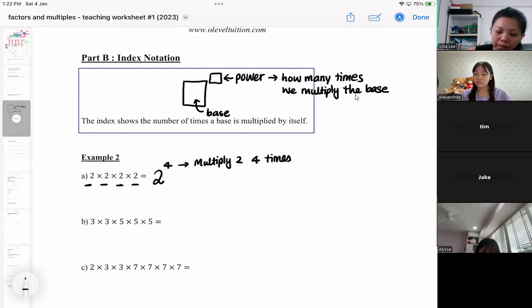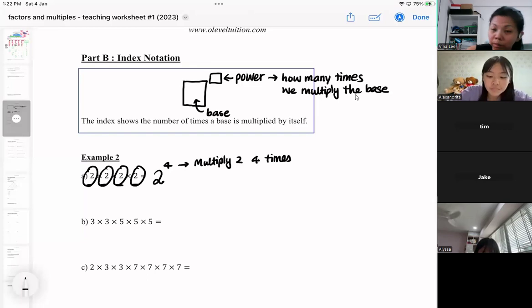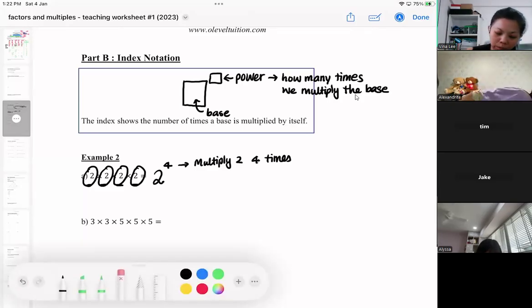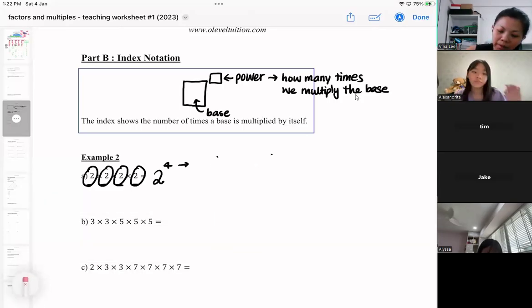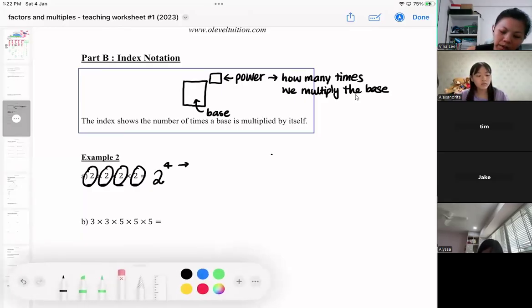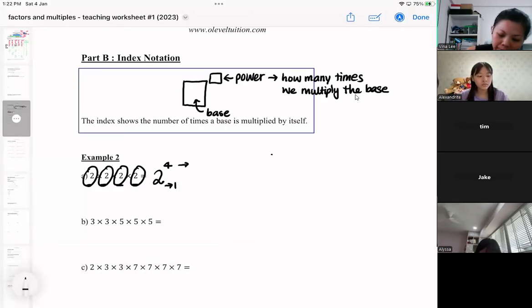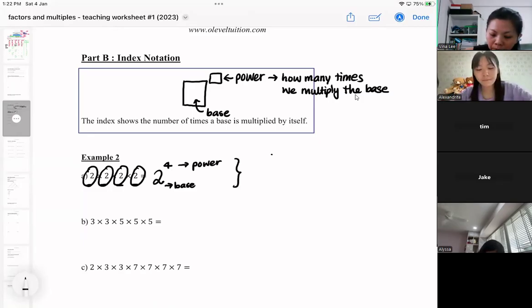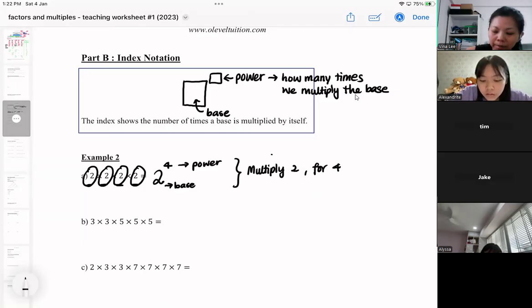Can you see the 4 times? 2 times 2 times 2 times 2. So that means we multiply 2 four times. This is the base, and this is the power. So it means you multiply 2 for 4 times.